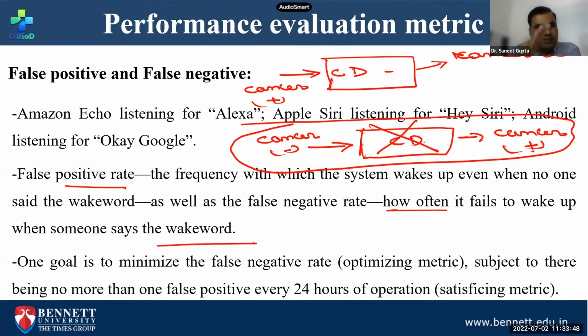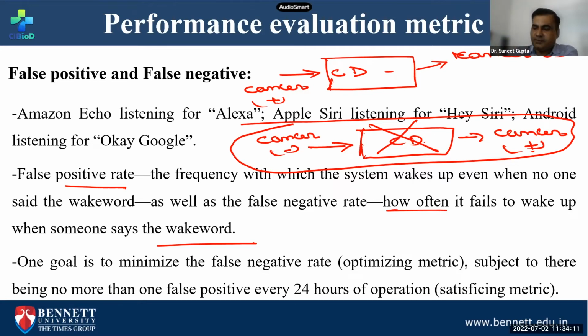Let's say one person has cancer, and your model detected that there is no cancer. As such, there is no problem. After some time, the person will reach another doctor, and maybe that doctor will go for the test again, and there is a high possibility that the second time he will detect it.